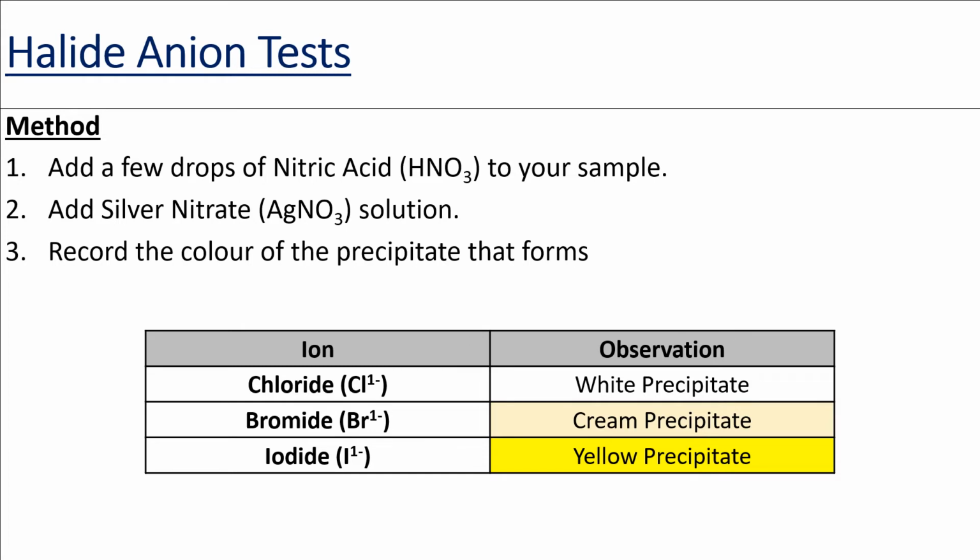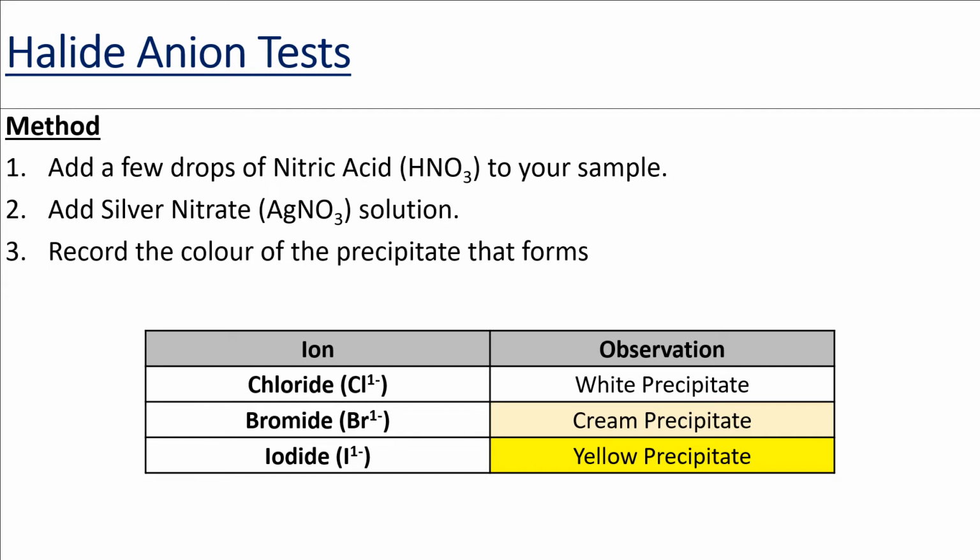Now the test for this is to add silver nitrate. Silver nitrate is the reagent for identifying the halogens. It needs to be acidified, and because it's silver nitrate, we use nitric acid to acidify it. So you add your silver nitrate to your compounds, and if you get a white precipitate, it tells you it's a chloride.